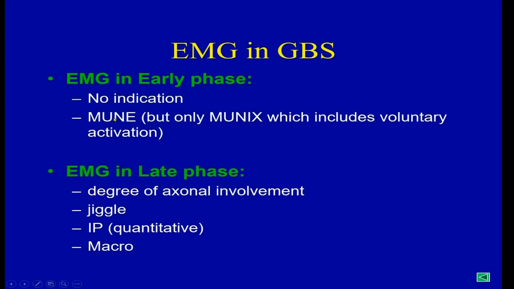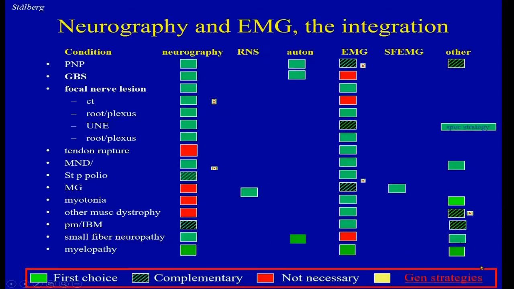In late stage, maybe we want to see really how much of axonal involvement we had, although we get that information usually from the CMAP amplitude. But we can also see if there is ongoing denervation, reinnervation. And autonomic testing is necessary in most patients.